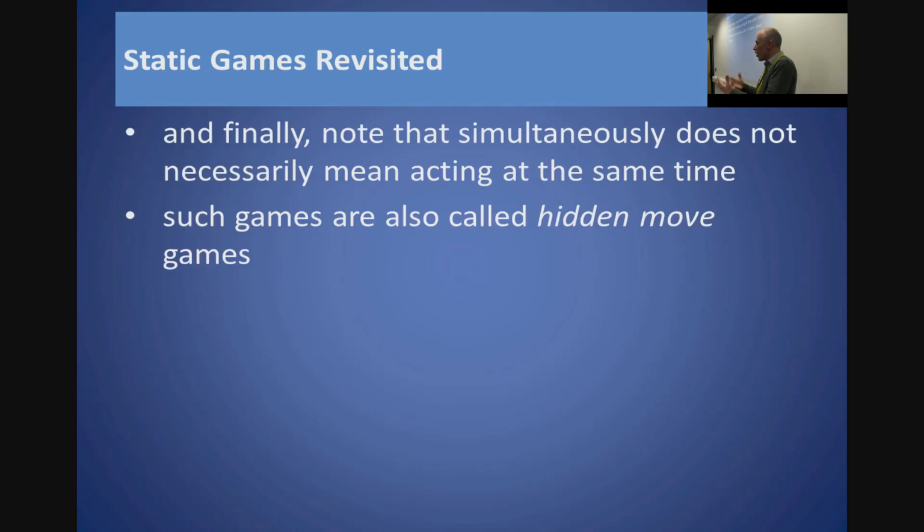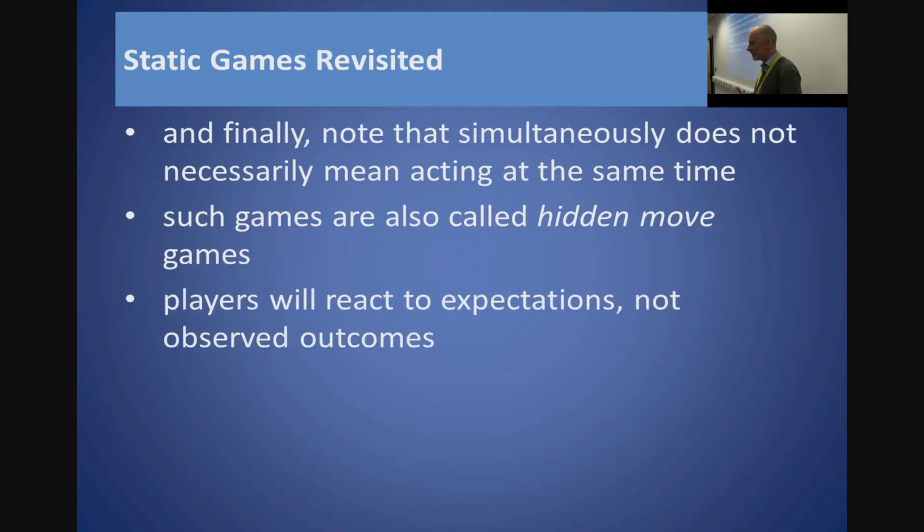Now, these static games are also known as hidden move games. The reason is, when players are choosing what they want to do, they're playing as if they're choosing at the same time. They don't know what the other player has chosen to do. So the choice of the other player is hidden from them. That means in these static games, players are choosing what to do based upon their expectations. In the example of the prisoner's dilemma, the players are thinking, what is my fellow player going to do?